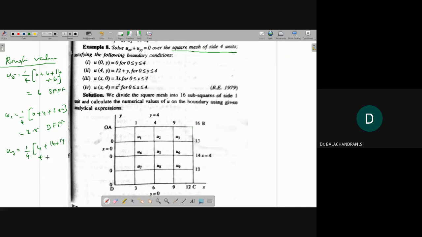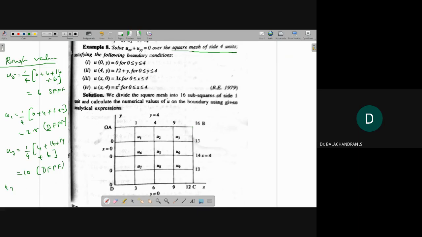U5 is 6. So you'll get 40 by 4, 10. Here, the diagonal 5-point formula. So next, after U3, U7 and U9.